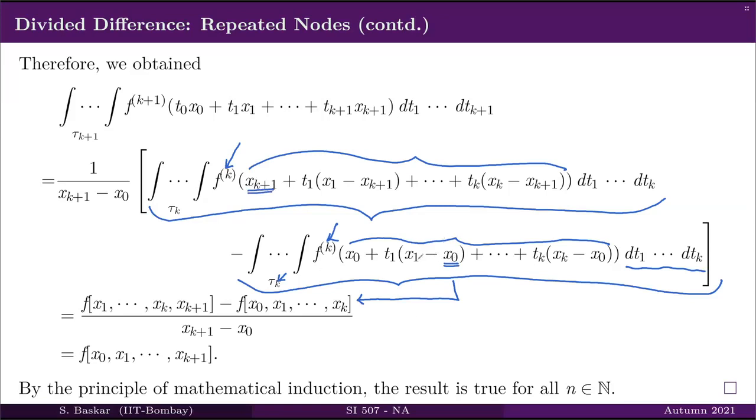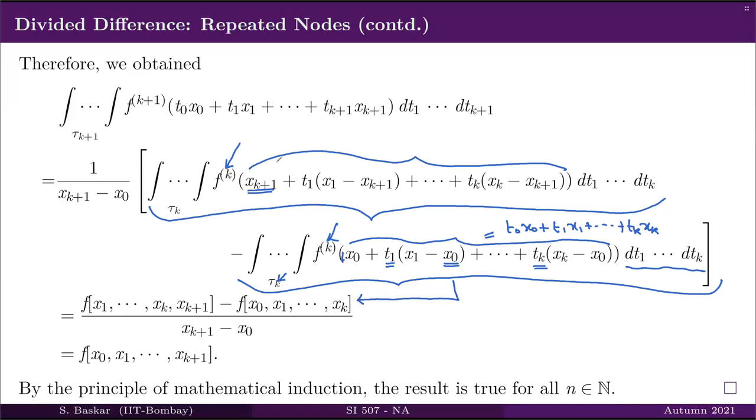Of course, here also we should rewrite this argument as t0 x0 plus t1 x1 plus up to tk xk, where t0 is 1 minus t1 minus t2 up to minus tk. That is how we take, right? That is why this entire thing became the kth order divided difference as per the Genocchi formula.